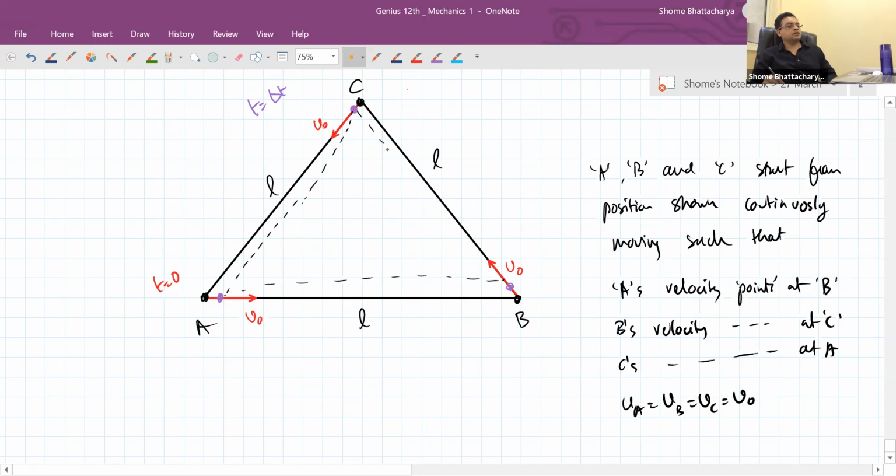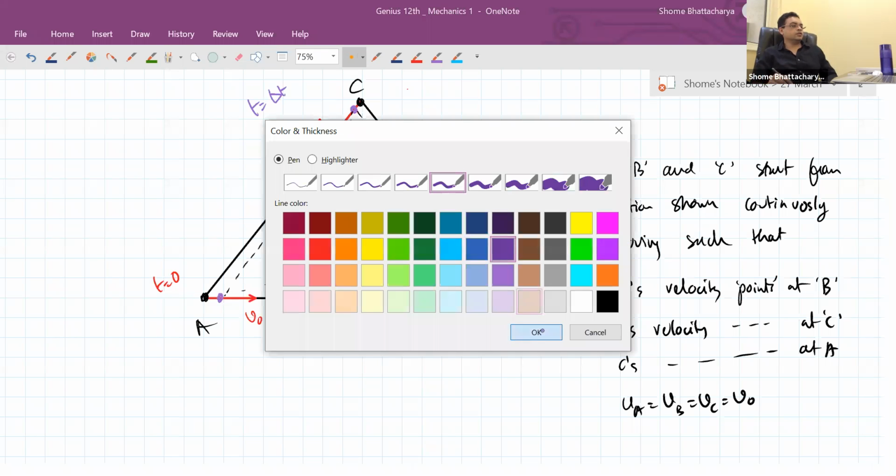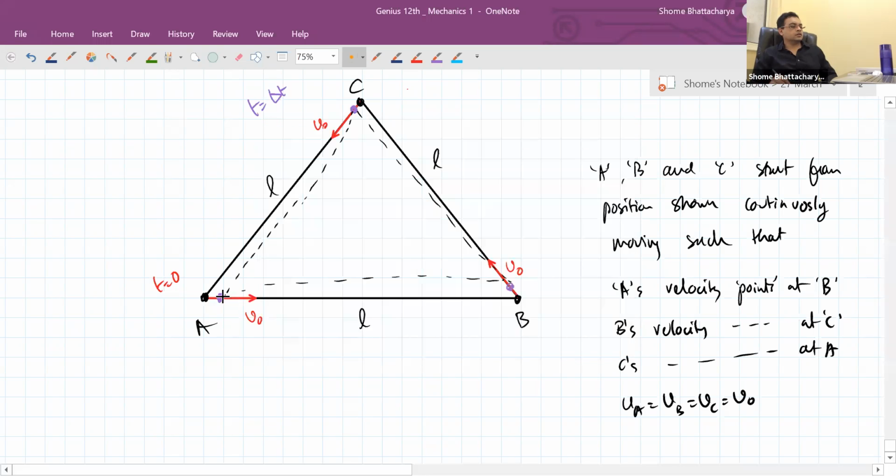And still, their velocities will also turn like this because they are pointed at each other. So they will go from triangle to triangle and take a curved kind of path each, like this.